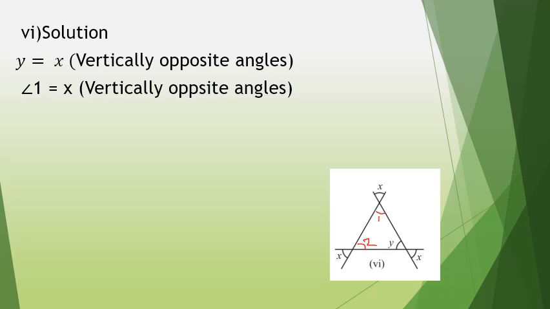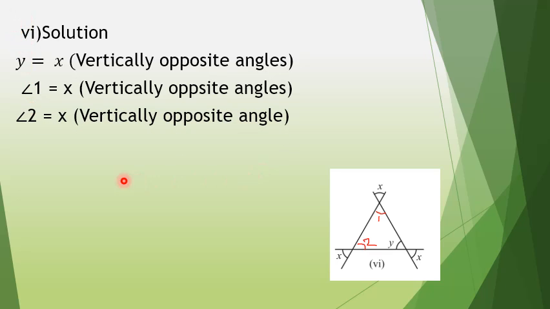Hence, now we can see angle 1 equal to x, that is vertically opposite angles. Angle 2 equal to x, that is also vertically opposite angles.